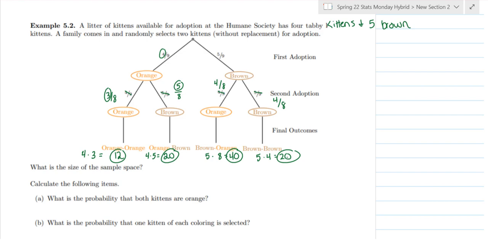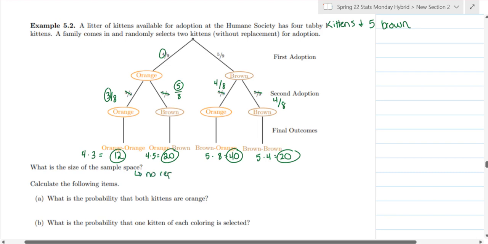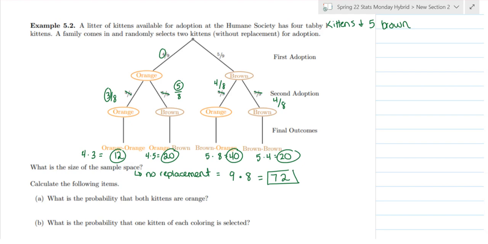But in this case, for the sample space, because there's no replacement, you have 9 cats, you're going to pick one, then you're going to have 8 cats. So that sample space is going to be 72, 9 times 8. Okay, so without replacement, you're just going to do the permutation of that. So almost the factorial of that, 9 times 8. Let's say we're doing 3 cats, it would be 9 times 8 times 7.